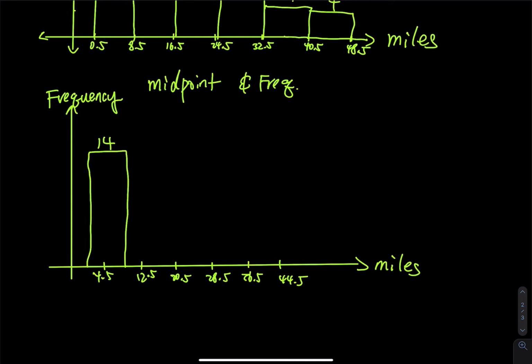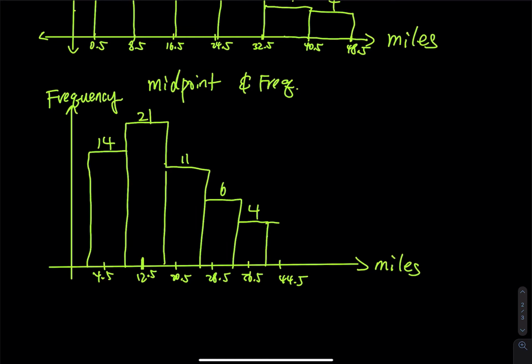The next one is the tallest bar. Make sure the mark is right in the middle. So 21, and then you have 11, 11, and then you have a 6. It's off the center. 4, and a 4.